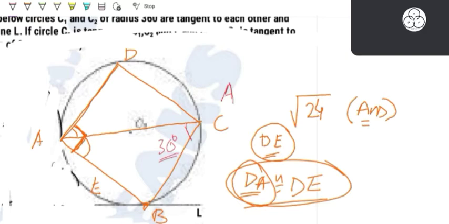Or sometimes this may not be directly given that this is 30°. They'll give it in other format. Say they will give you the ratio, length or anything, and you need to go through a little bit of angle chasing to look at whether everything is satisfied in the question or not, when you are considering that ABCD is a square.